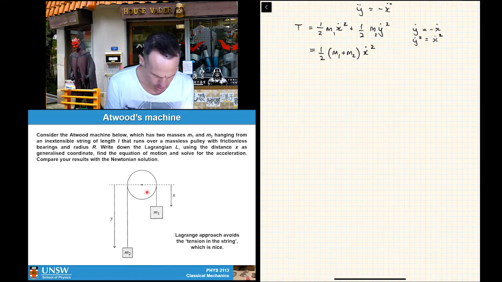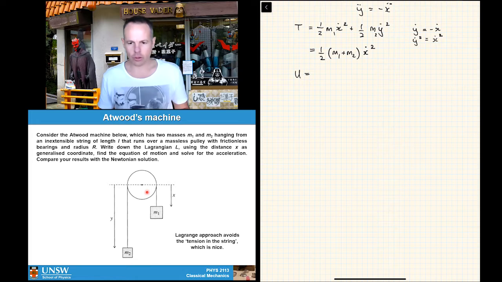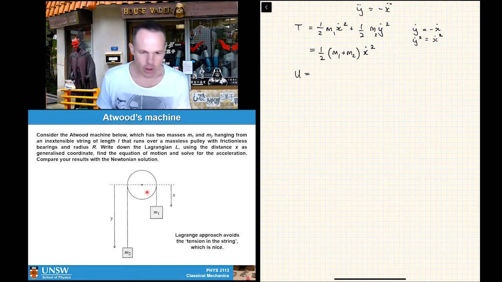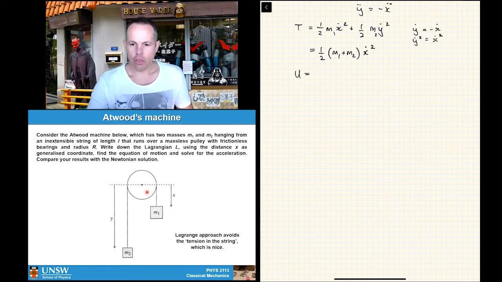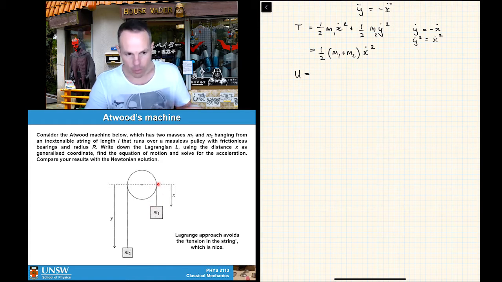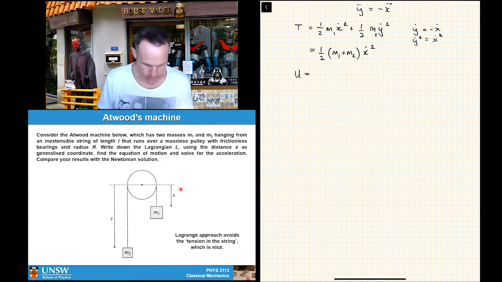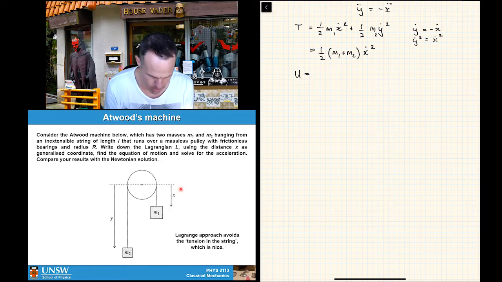Next step is to get the potential energy. Today I'm going to call it U. It's going to be essentially the height, because we're dealing with a gravitational problem, the height of our mass below whatever our origin is going to be, okay? So the potential energy here will be minus m1gx minus m2gy.